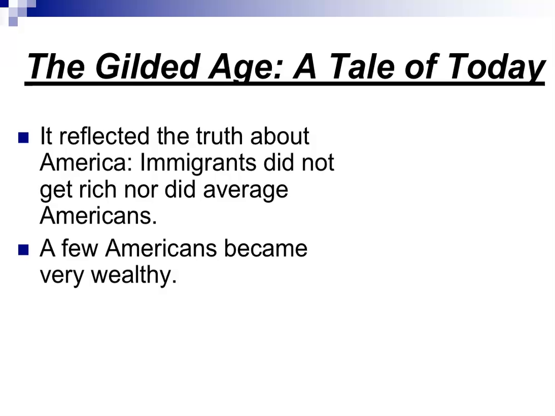And what basically Mark Twain is saying here is that life was not so easy in America as many people thought it was going to be. And so it's not truly a golden age of arts or science or even of economic growth. It was just a time period where some people got super rich and the rest of Americans didn't.